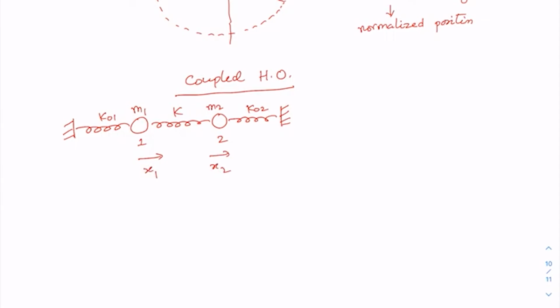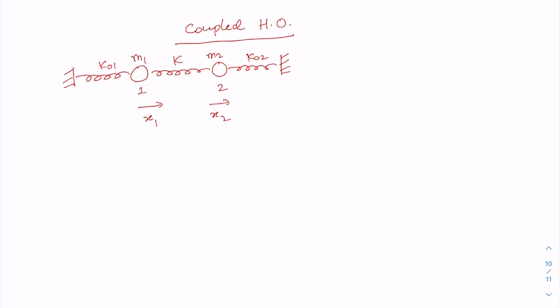Then you know that the Hamiltonian of this whole coupled system would be as follows. You will have p1 squared by 2m1 plus half k01 x1 squared. This is the energy of the first oscillator.